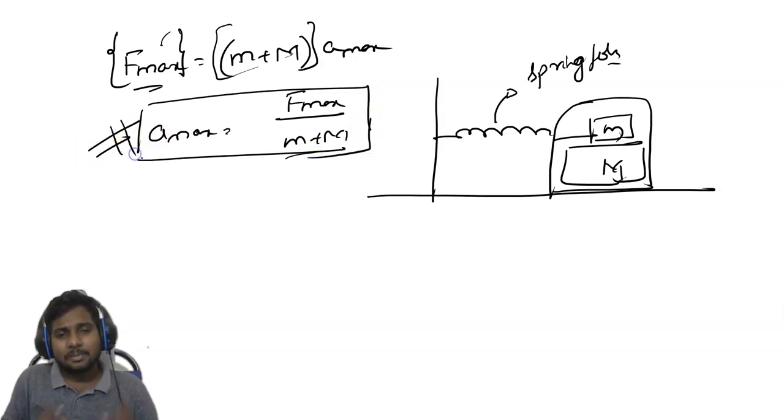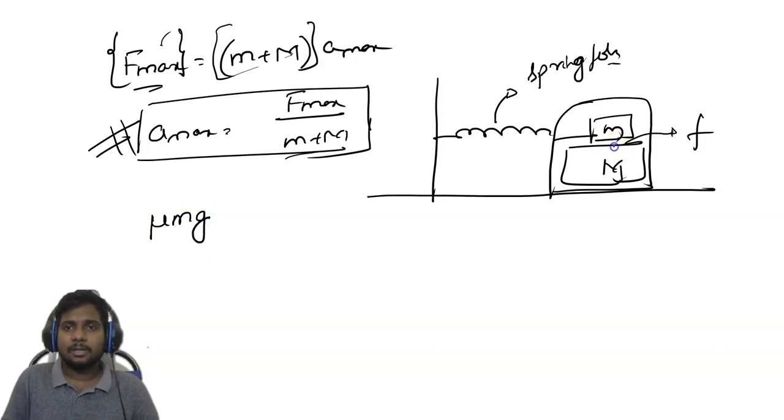But this maximum acceleration should be provided only by friction for the second block here. The friction is mu into N, where N is the normal reaction on this surface, and N is equal to small m into g.